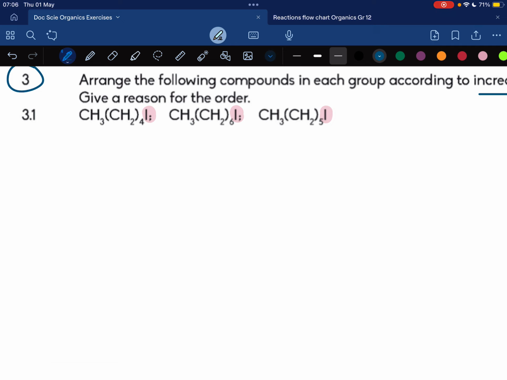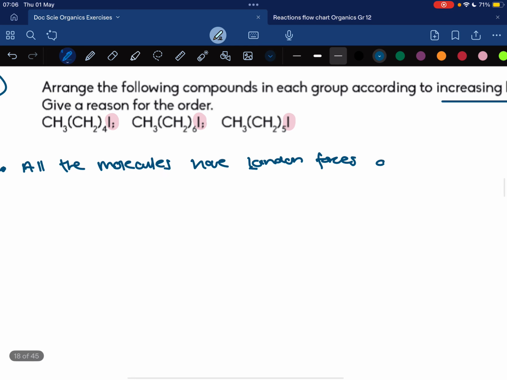Before I list them in order, we'll start by listing firstly, and you can do this in bullet points as well. It's up to you. It's easier to do it in bullet points, then you can see each point that you've given. So we'll start by saying that all the molecules have London forces and dipole-dipole forces.